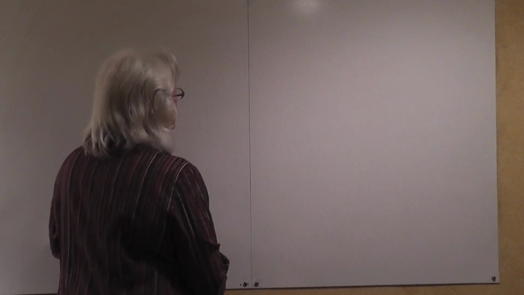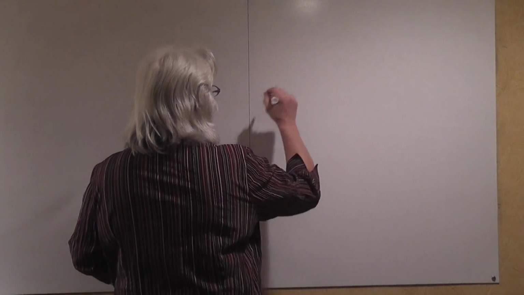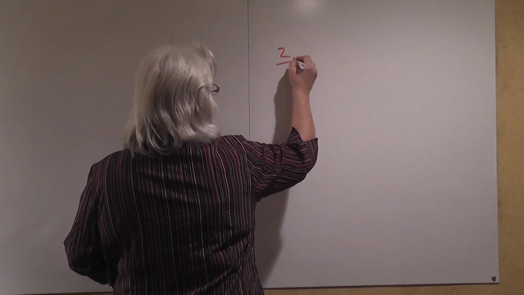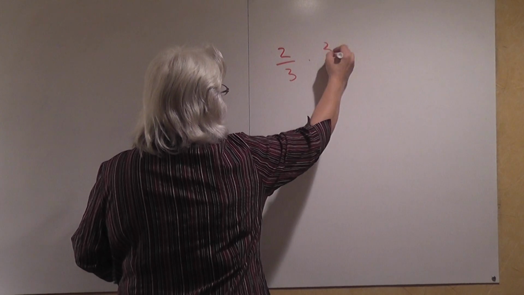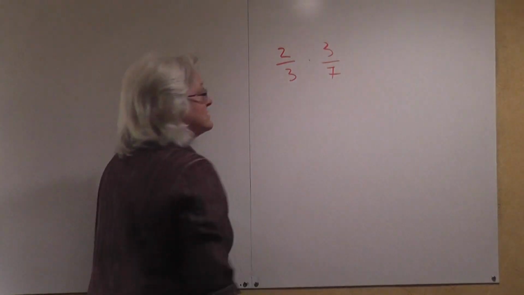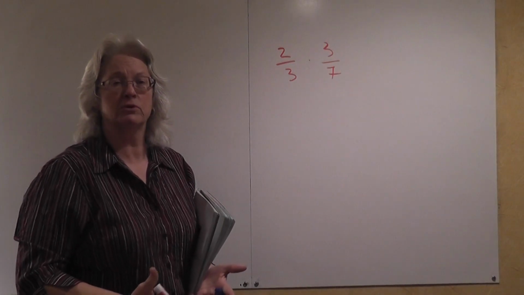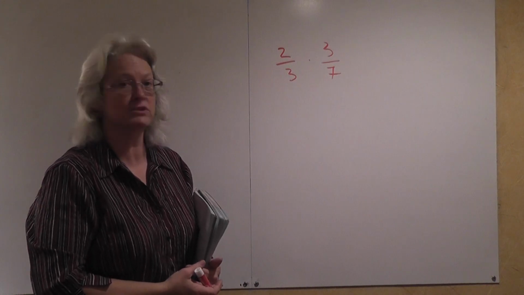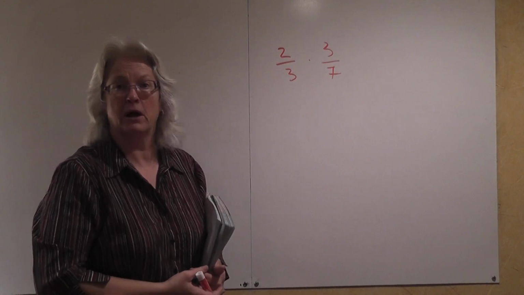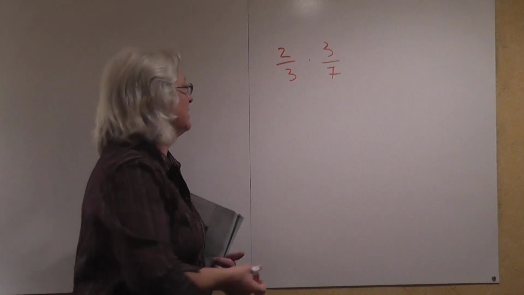Remember, multiplying rationals is just like multiplying two fractions together. They're rational numbers, rational expressions, and if you had 2/3 times 3/7, our basic rule says that we're going to multiply the numerators and divide that by the product of the denominators.